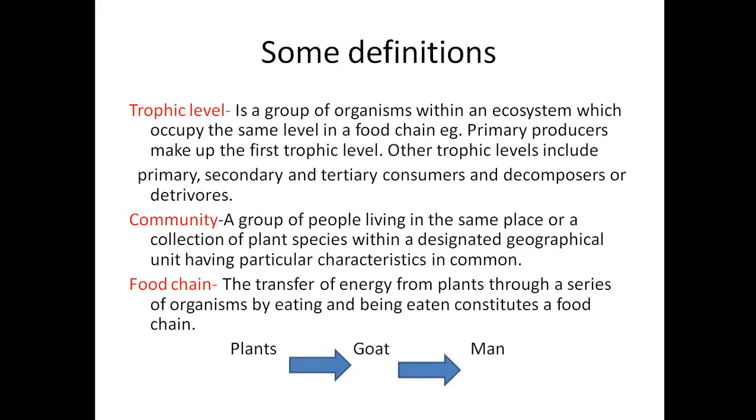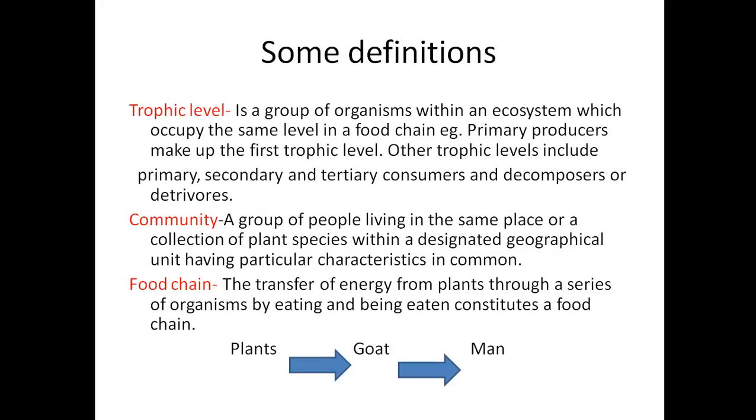Then we have community, the definition of a community. The community is a group of people living in the same place. That means if you take a group of people living in Darjeeling, we call them a community. If you take a group of people living in Kagjora, we say the community of Kagjora, and so on.